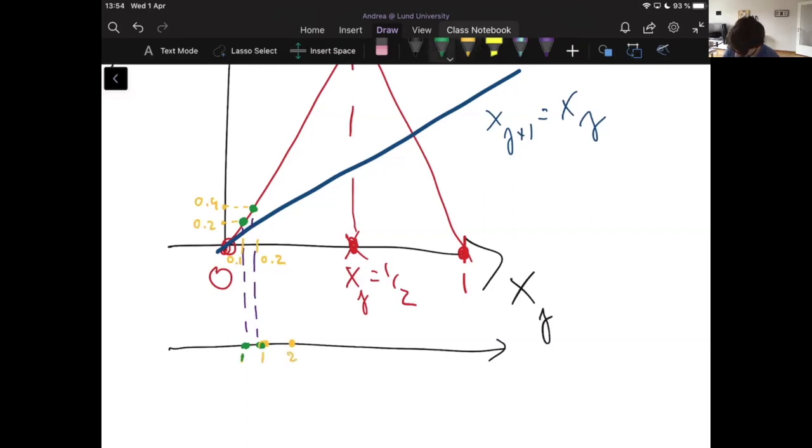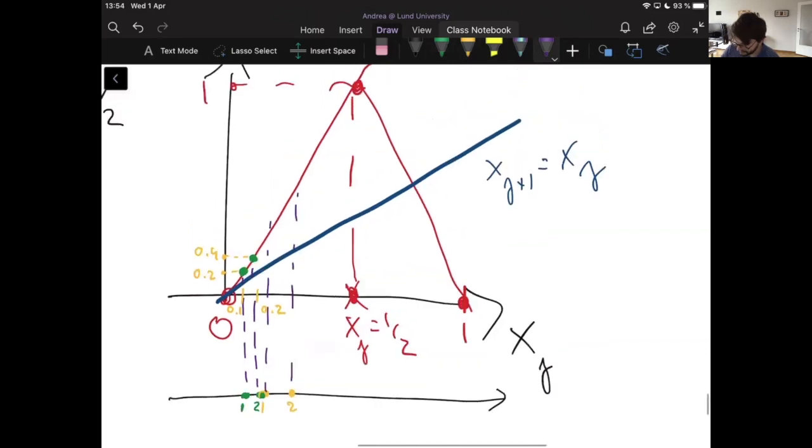So this is the first point, and this is the second point. Okay, then we go another iteration. And what happens is that these 2 points, well, these are not 0.1 and 0.2 eventually, but these 2 points will arrive and correspond to 0.4 and 0.8.